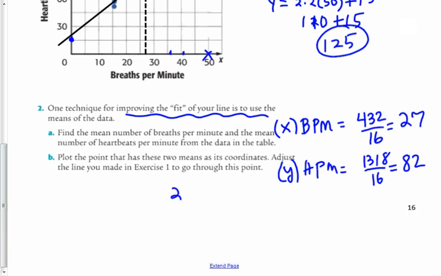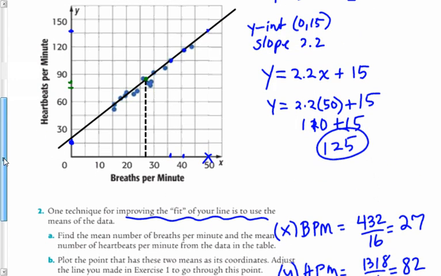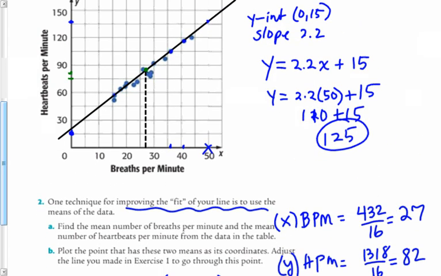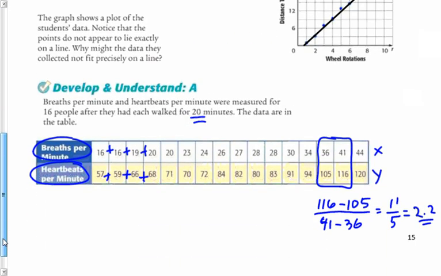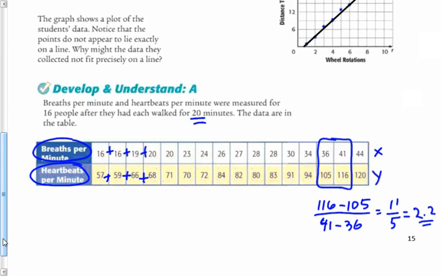So I have 27, 82. Again, I'll need the slope. And this time I think I'll just pick another one that I know is on that line, which is right there. And that one's the one that's at about 16. So 16 is the higher one of the two.